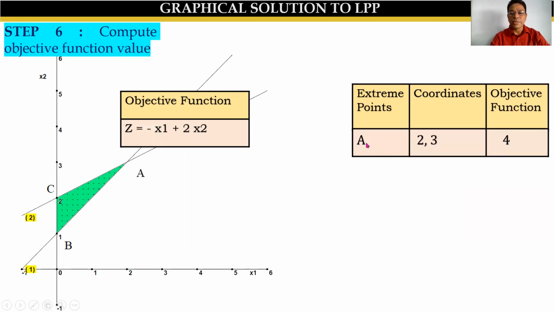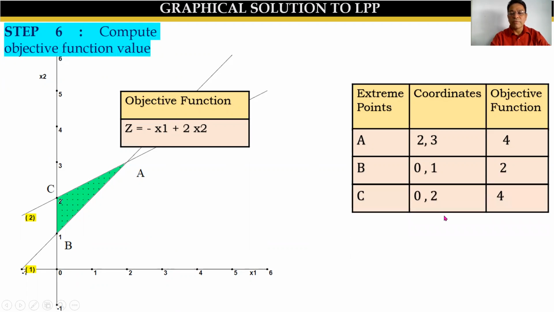Okay, so at point A, where we have x1 is equal to 2, x2 is equal to 3, we get Z is equal to 4. At point B, where we have x1 is equal to 0, x2 is equal to 1, we get Z is equal to 2. And at point C, where we have x1 is equal to 0, x2 is equal to 2, we get Z is equal to 4.